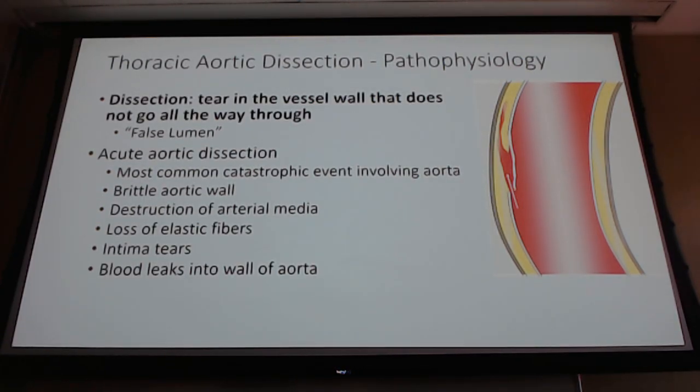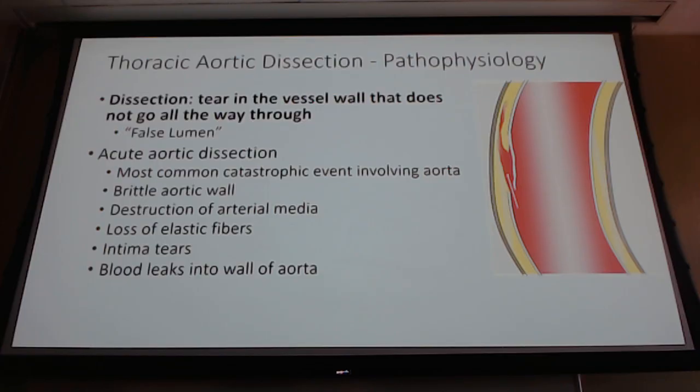All right, so what is a dissection? A tear in the vessel wall that does not go all the way through. It creates a false lumen. An acute aortic dissection, within any region, whether it's the abdominal aorta or thoracic aorta, is a very catastrophic event.